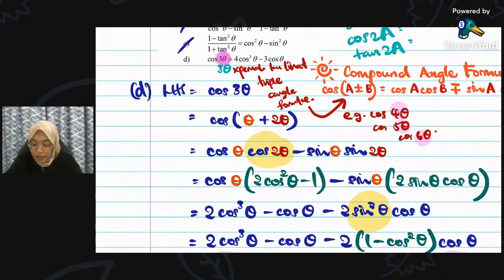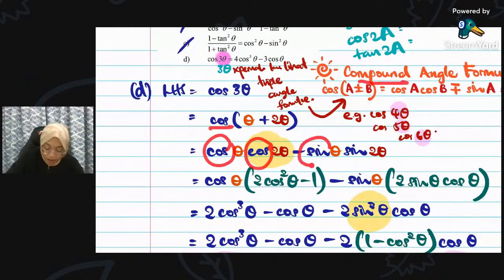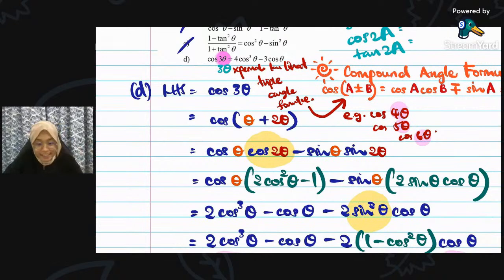My tuition maths teacher made us all say it together, so it still rings in my head. Whenever I want to solve compound angle, I sing the song: cos, sin, or sin, cos, sin. It's just a simple rhythm. Anyway, if you find it useful, sing with me, okay? Cos, sin, or sin, cos, sin.